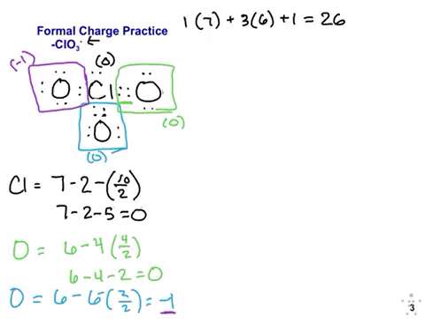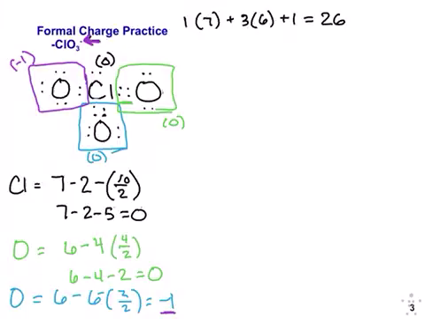So what is the overall formal charge currently of this chlorate ion? Negative 1. What overall formal charge do we want? 0. Negative 1 or 0? Negative 1. Why do we want a negative 1 charge on this ion? Because that was the charge on the ion originally.